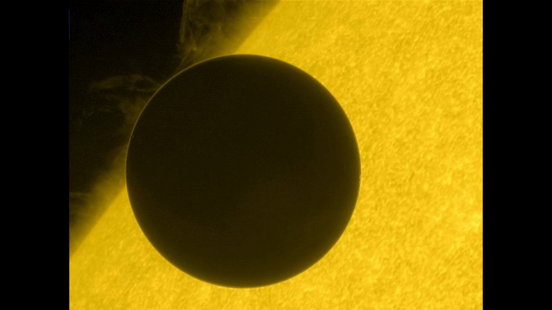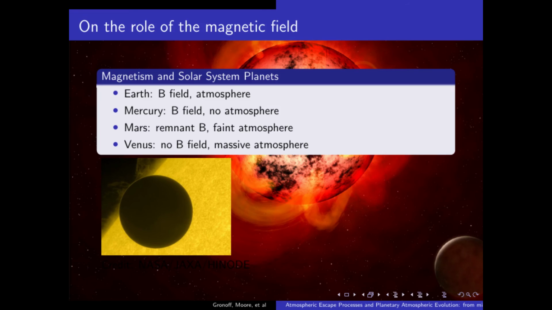Look at that image taken from the Hinode satellite. You see that little yellow line on the upper left border? Yes, it's Venus. And that little line is basically the refraction of the stellar light on the atmosphere of Venus. Venus has no magnetic field, but has a massive atmosphere. We can see that Mars has a remnant magnetic field and a faint atmosphere, and Mercury has a nice magnetic field and no atmosphere.